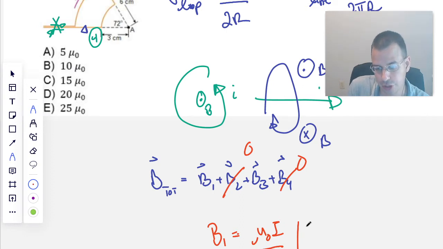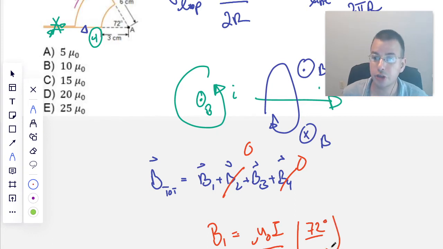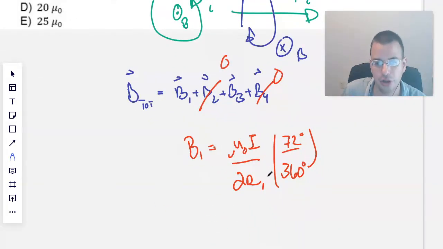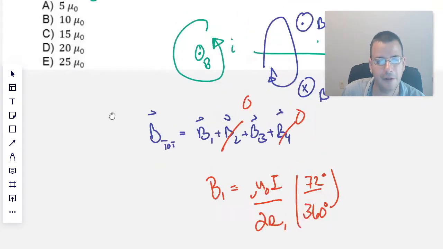So what we're going to do is just ratio this by the portion of its complete circle. So we're just going to say 72 degrees out of 360. And I'm just going to use I here because the I through the loop section 1 and the I through the section 3 are the same. It's all the same current. It's all in series.